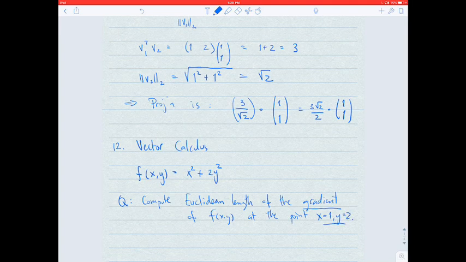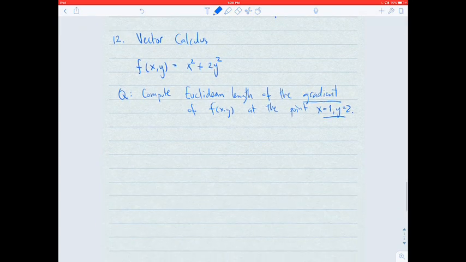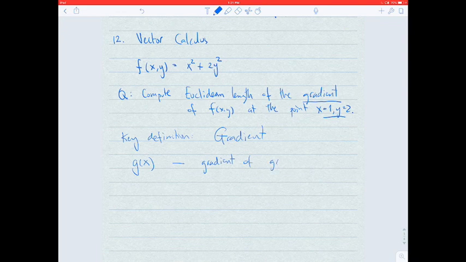Okay, so the key thing that we need to remember here is what the gradient is. This is the key definition that we need in order to answer this. And the gradient is really just a derivative. And so if we just had a function of one variable, then the gradient of g of x is just the derivative.